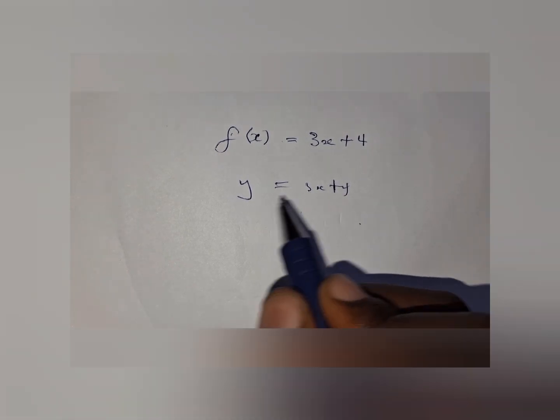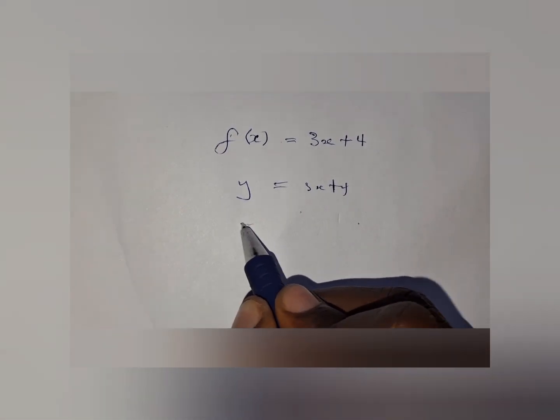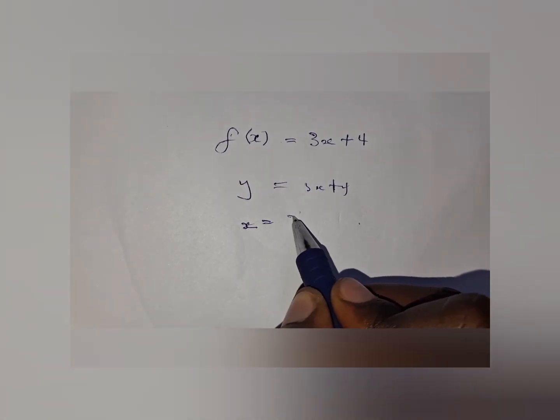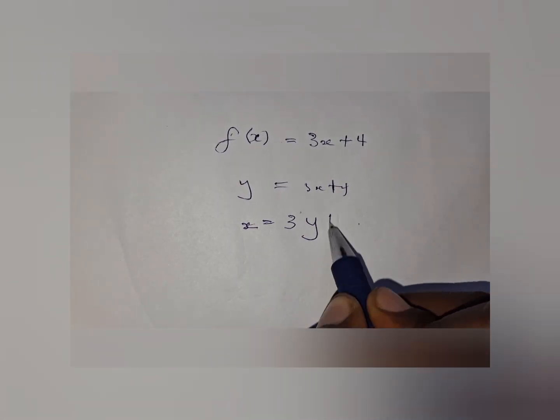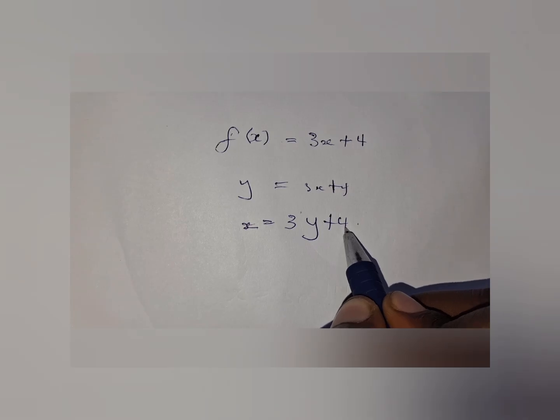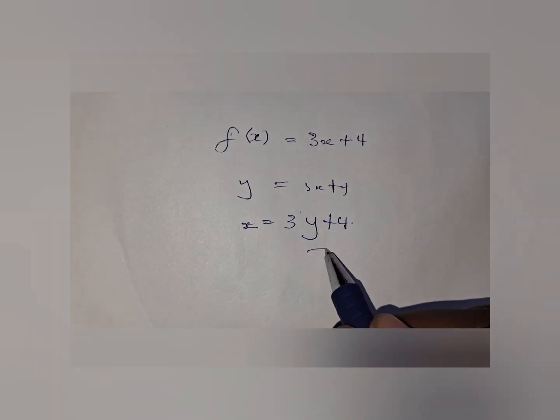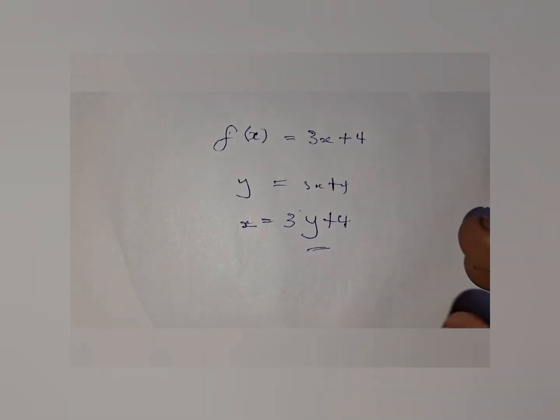Why? Because we should interchange the input and output. So we're going to be having x is equal to 3 multiplied by y plus 4, and then after this we are going to make y the subject of the formula, and after that we are done.